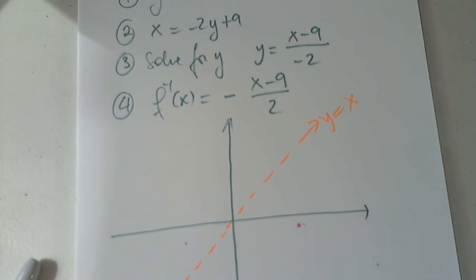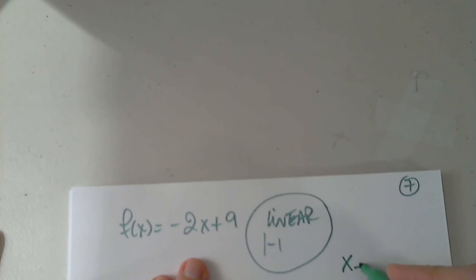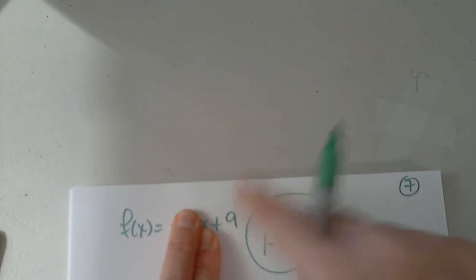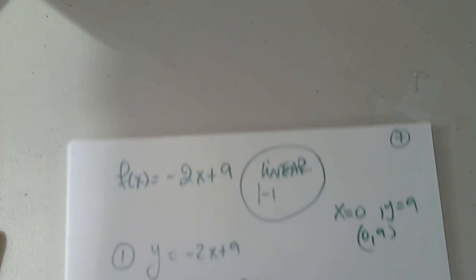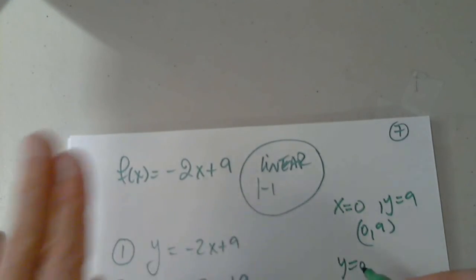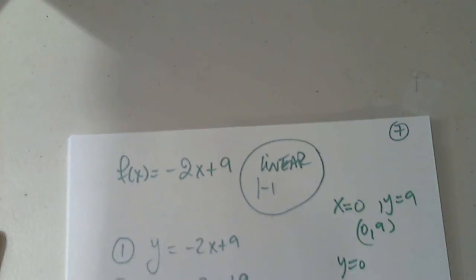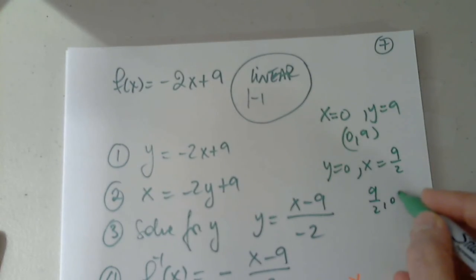Okay, I'm going to get 2 points for the original function because they are lines. For this one, I'm going to say when x is 0, y is 9. So 0, 9. And when y is 0, I have 2x equals 9, so it's 9 over 2. So 9 over 2, 0.